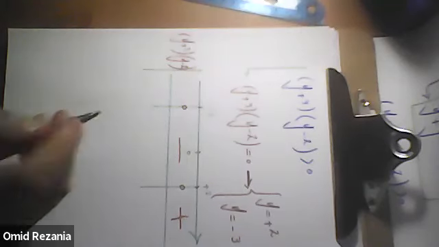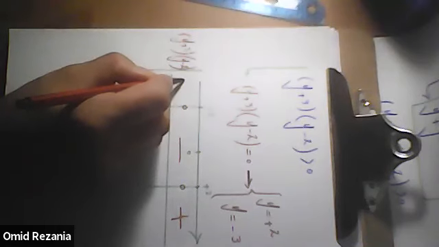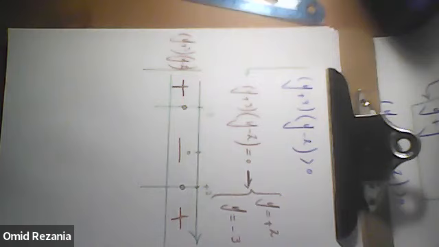Negative times negative becomes plus. Then the sign is positive when we take one number as a sample to show that the entire interval gives you a positive number, correct?